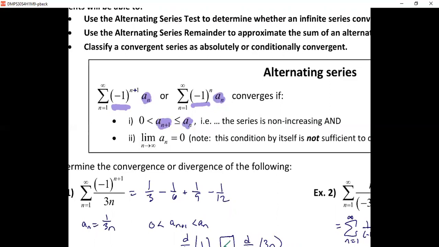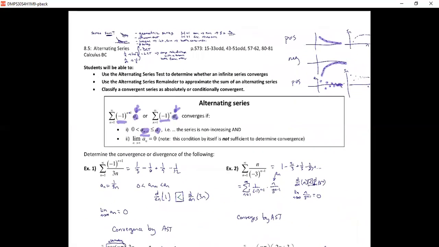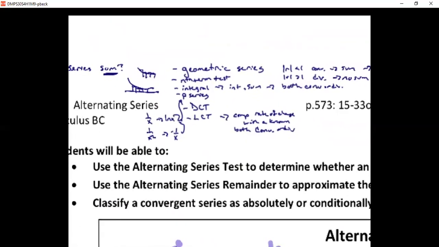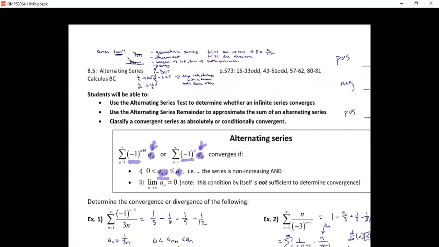So with our alternating series, let's ignore the negative and just focus on what the rest of the series is, because we have all these tests that allow us to determine what happens if they're all positive series. So let's use this information to our benefit.